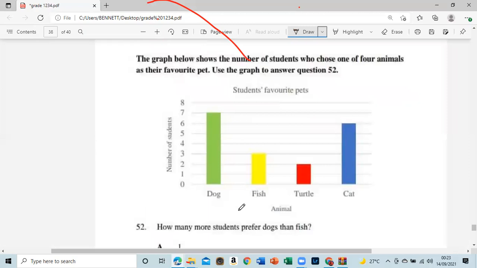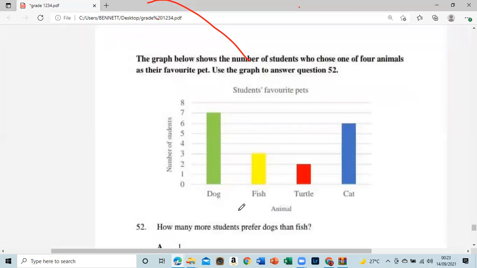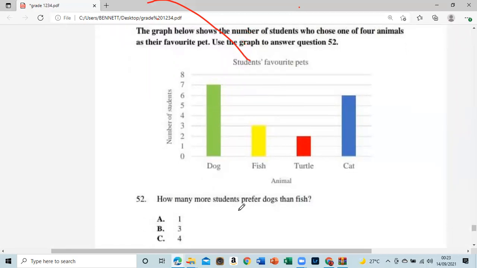The graph below shows the number of students who choose one of 4 animals as their favorite pet. Use the graph to answer question 52. How many more students prefer dogs than fish? Alright, so let us go to fish.